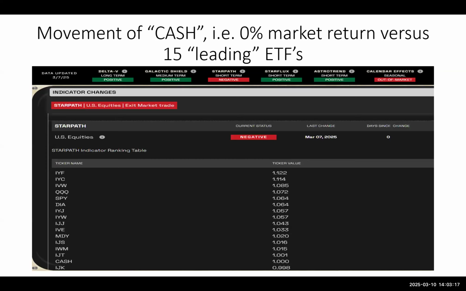Each of these components is then compared to a neutral cash value of 1.000 as shown on the screenshot here. The number of market segments is made up of the 9 style boxes: large cap growth, small cap value, things like that. We then add in Dow Jones Industrials, NASDAQ 100, Russell 3000.